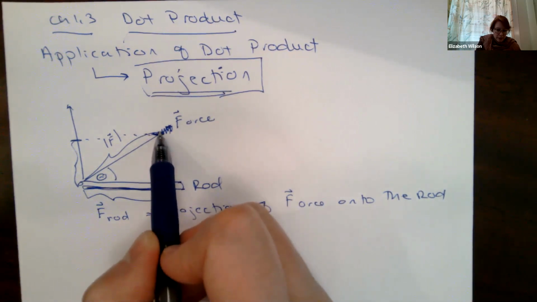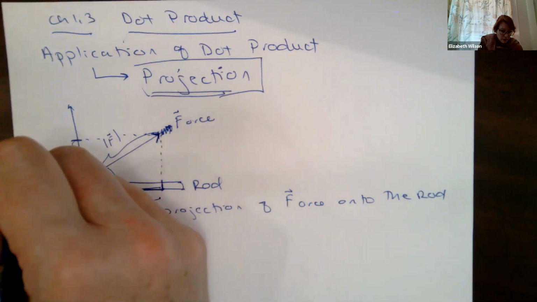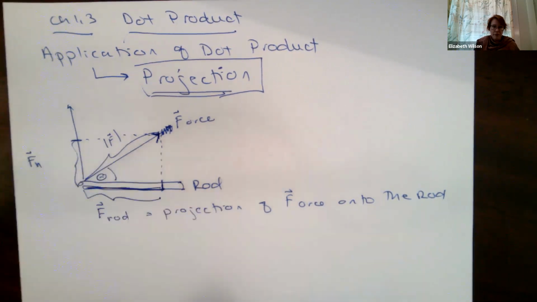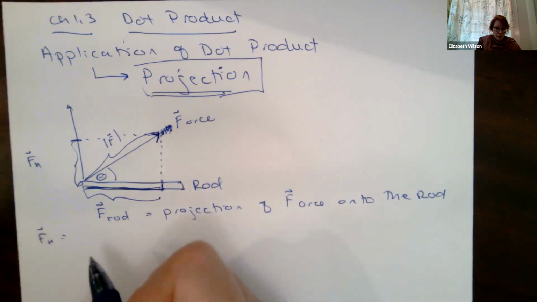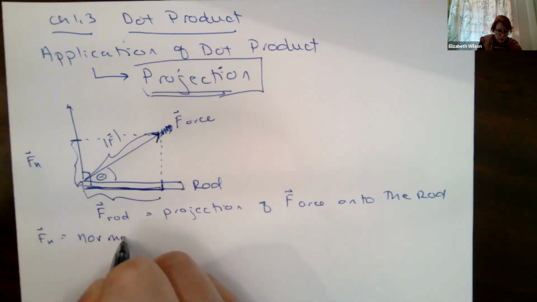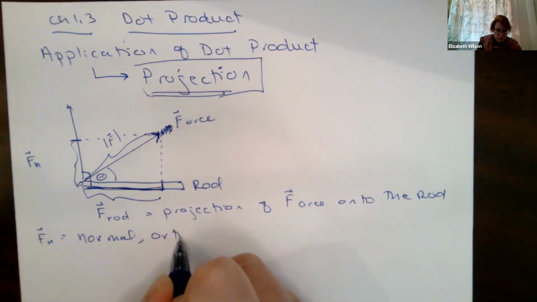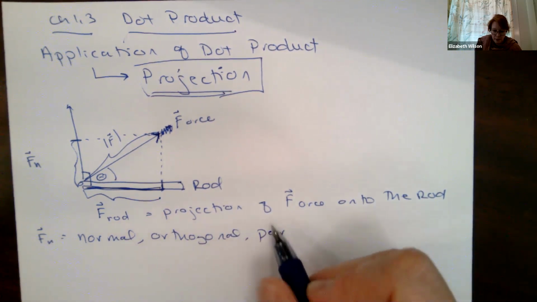If I were to take this and go over to my y-axis, I'm going to write F sub n, the force that's normal, or orthogonal, or perpendicular. These are all synonymous.